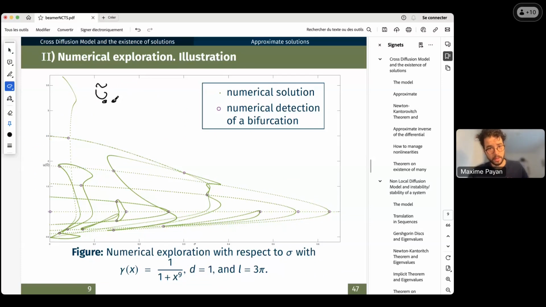And this is the curve that I don't know, this is f tilde of u tilde.